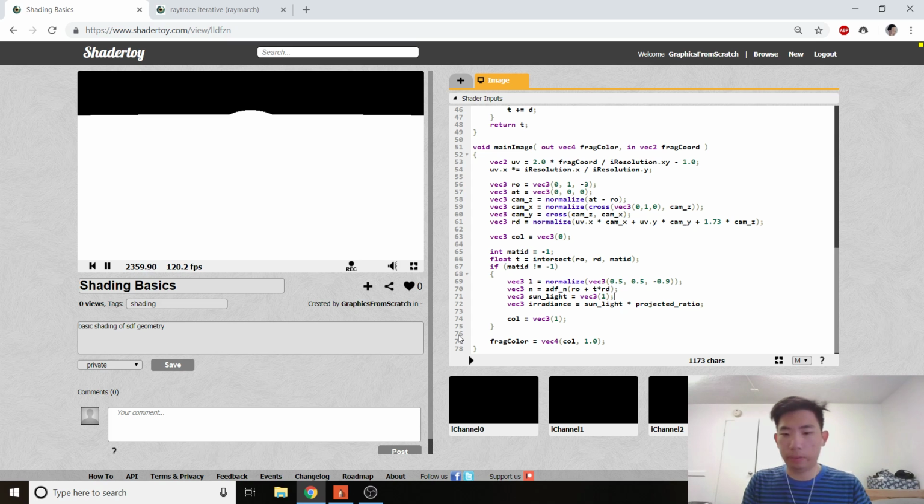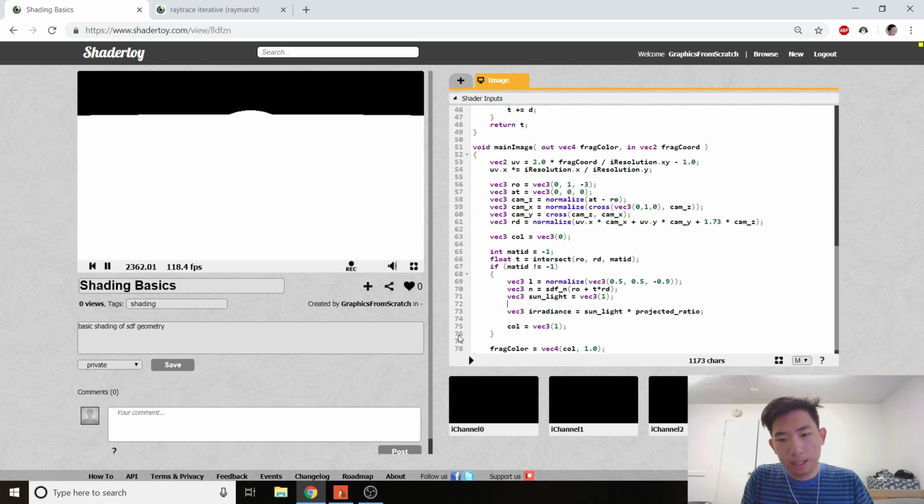Remember how we compute it. We just take the cosine of the angle, which can neatly be computed by the dot product between L and N. It's sort of by design. Projected ratio is dot L N, and keep in mind that it could possibly be a negative value, which doesn't make any sense if we shade the back face.